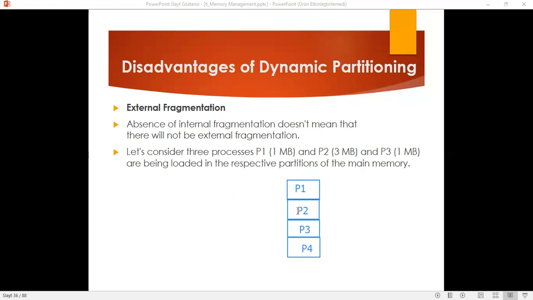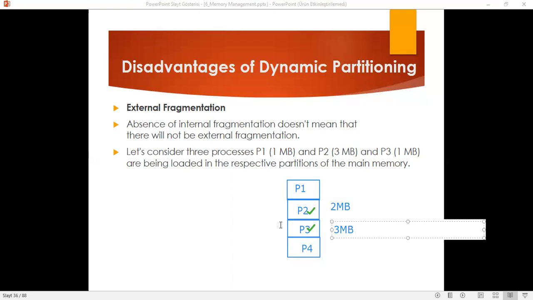Let's say process 2 finished execution, and also process 3 finished execution. Let's say they have available 2 megabytes in this case, because they released 2 or 3 megabytes of space.